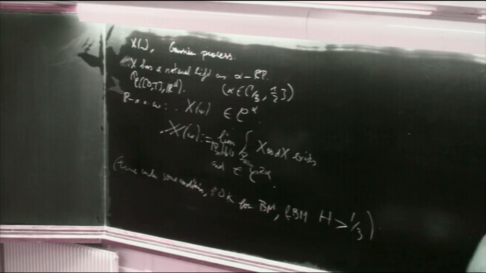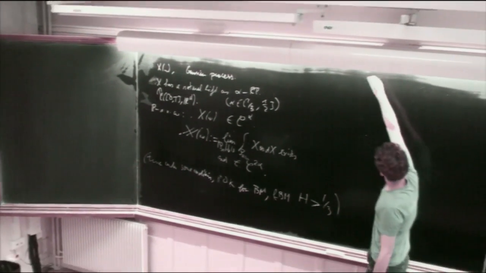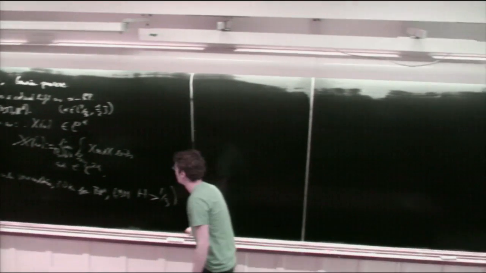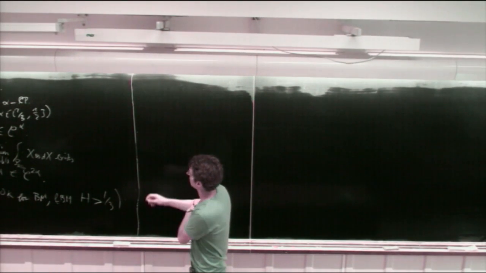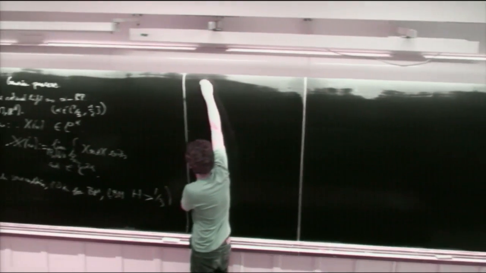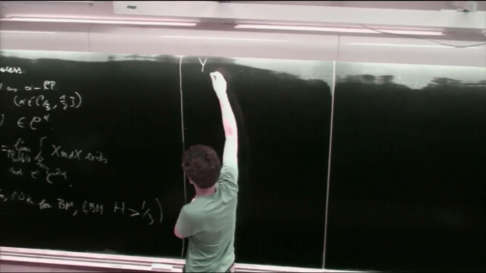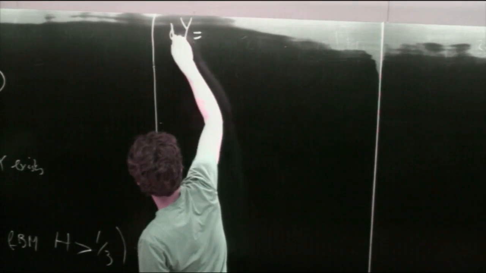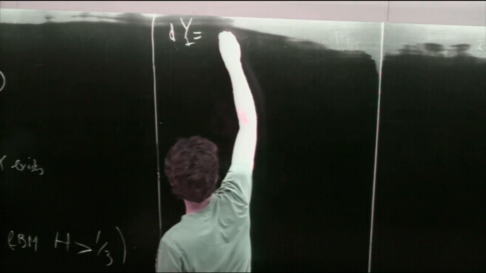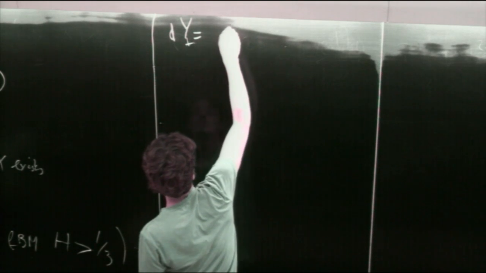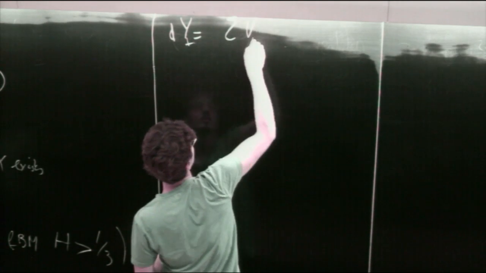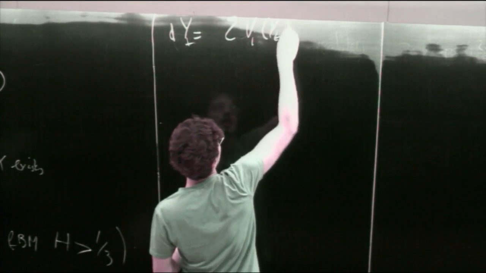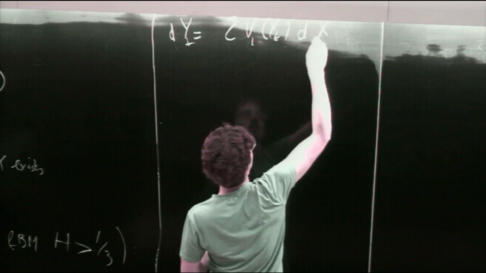Now what we look at is the map. We have y, the solution to the rough differential equation, dy_t equals V_i of y_t dX_t.